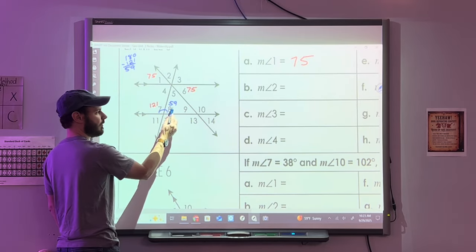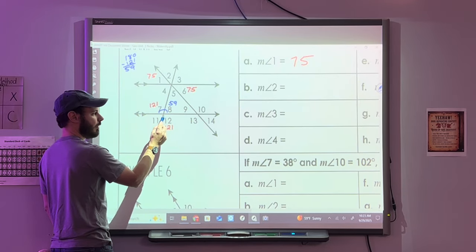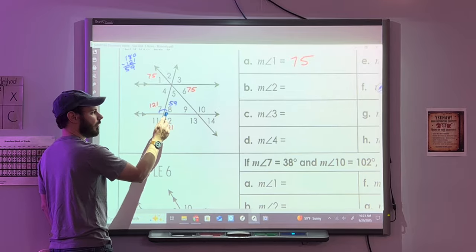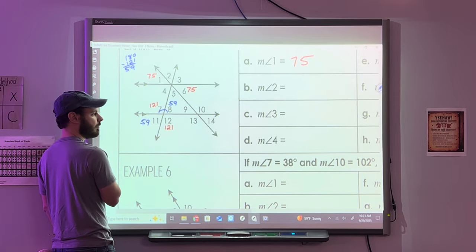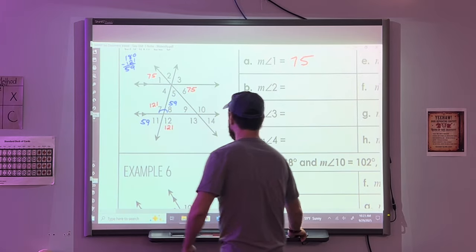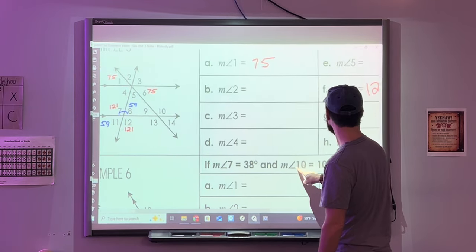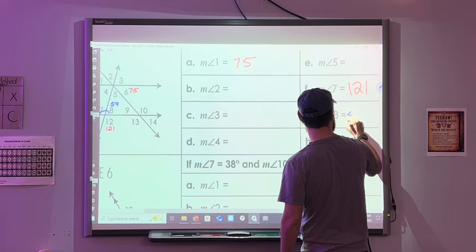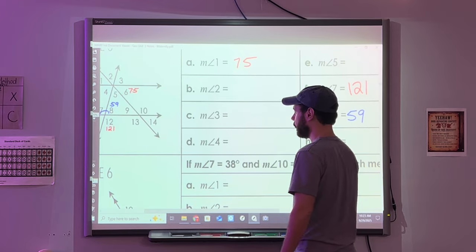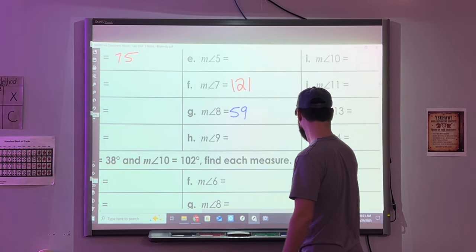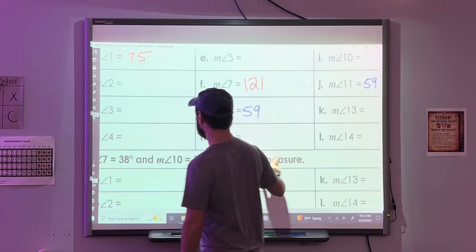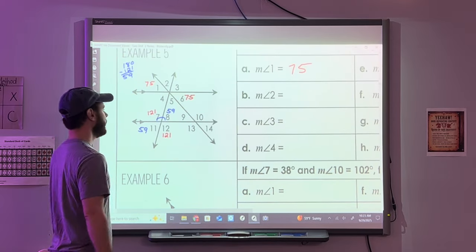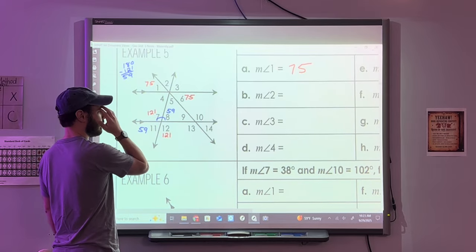But if I figured out 8, I know what 11 is now because 8 is vertical to 11. So 8 is 59, and so is 11. Okay. Now I figured out all of these. Good for me.